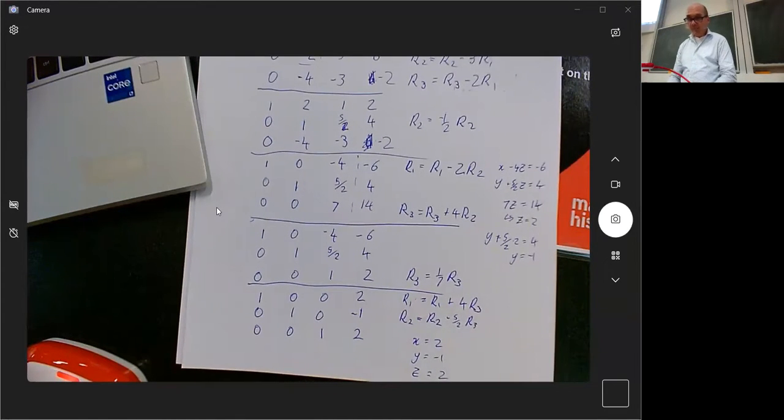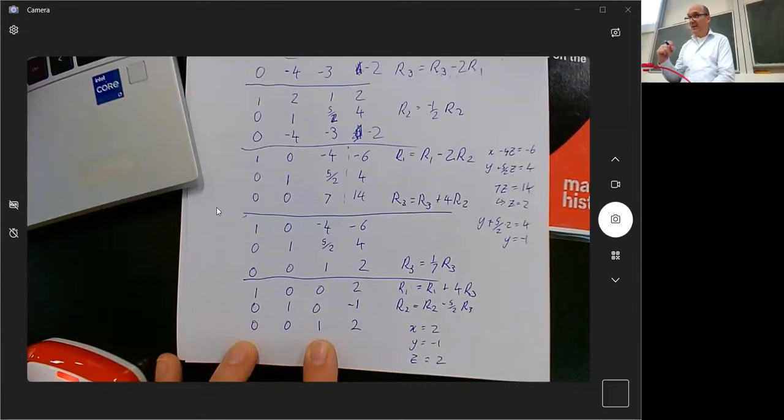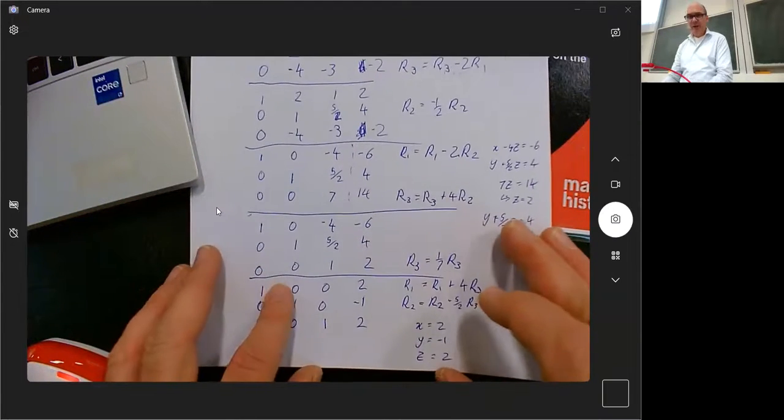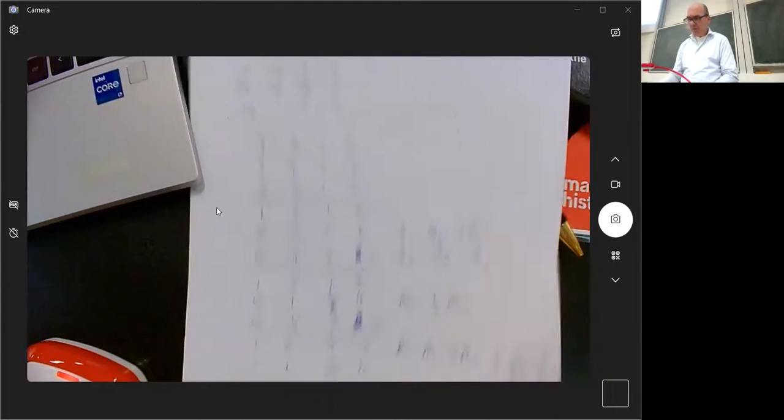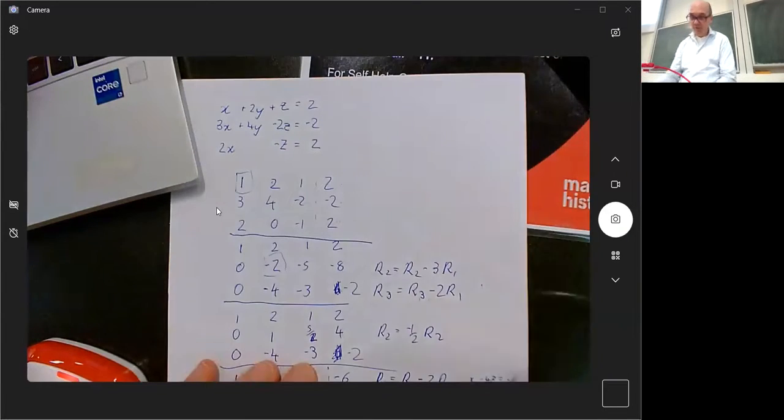Now, it's kind of interesting that we got down to the identity here. If I can row reduce down to the identity, that's actually telling me something else. So I'm going to go back up to the top because I want to put it on this page for reference.